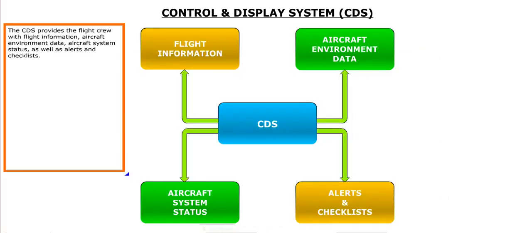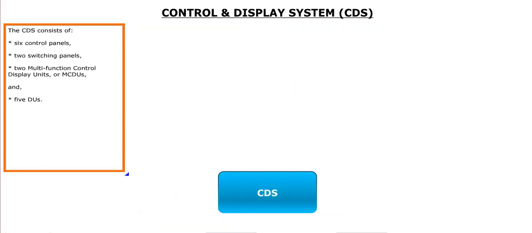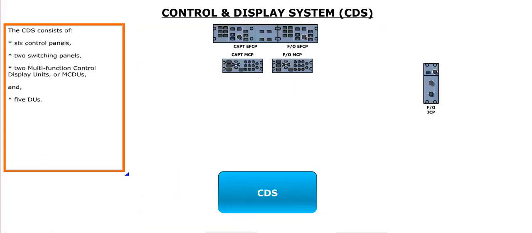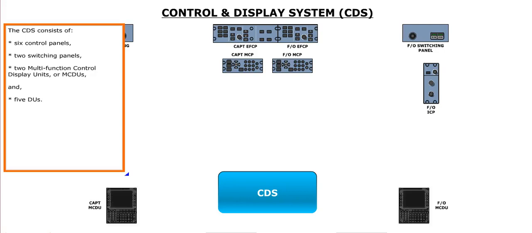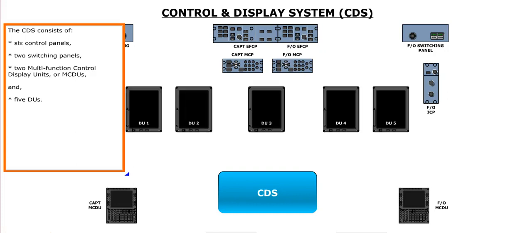The CDS provides the flight crew with flight information, aircraft environment data, aircraft system status, as well as alerts and checklists. The CDS consists of 6 control panels, 2 switching panels, 2 multifunction control display units, or MCDUs, and 5 DUs.